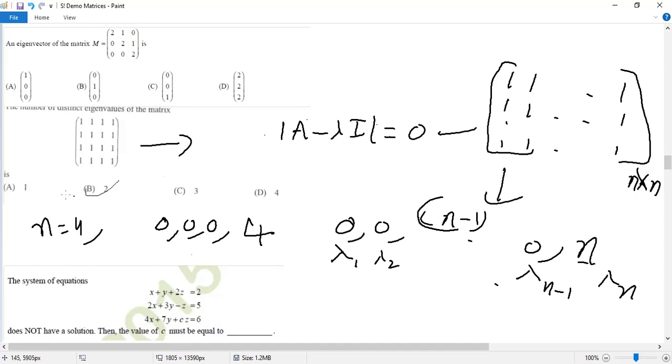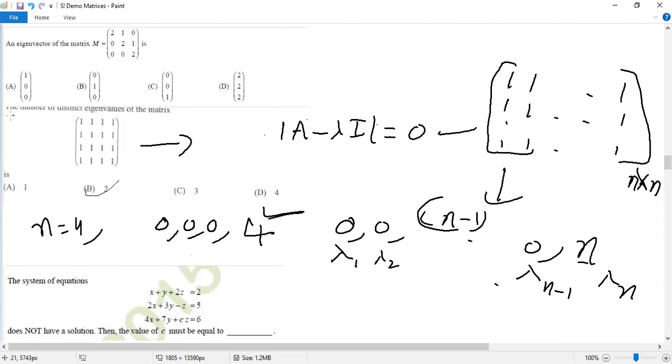Similarly, previously what did we answer? How many non-zero eigenvalues? Here also, this 4 is the only non-zero eigenvalue, so you may answer 1. If the question is the number of non-zero eigenvalues, the answer would have been 1. But you are not asked to find how many non-zero eigenvalues.